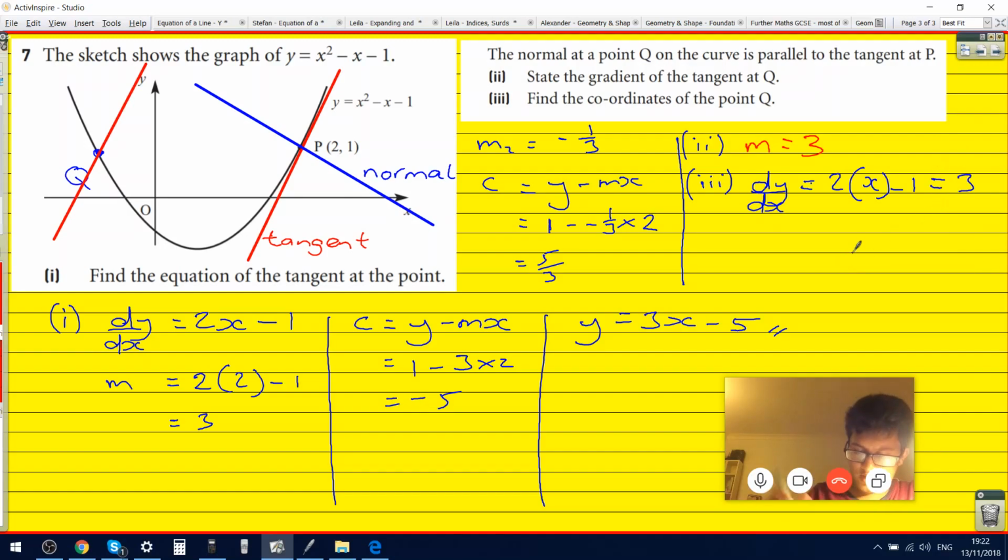Okay, so dy by dx of something, 2x minus 1. So dy by dx equals 3, and it should equal... I'm a bit stuck, to be honest. So basically 2x minus 1 equals 3 for that point.